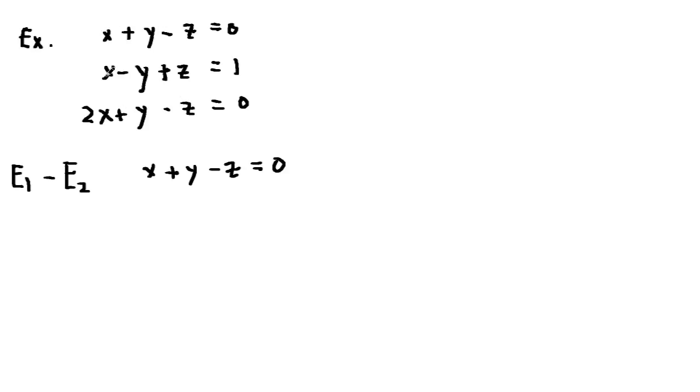So here the x terms cancel, we get y minus minus y, so that's actually 2y. And then minus z minus z, which is minus 2z. Here we get 0 minus 1, which is negative 1. The third equation stays the same.